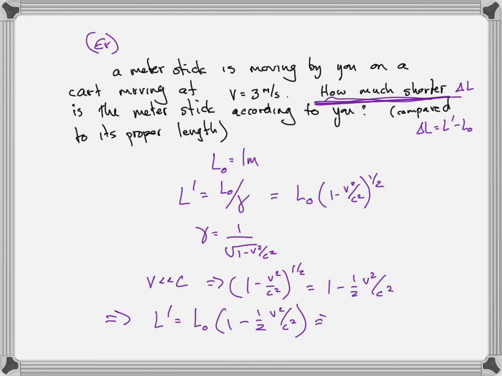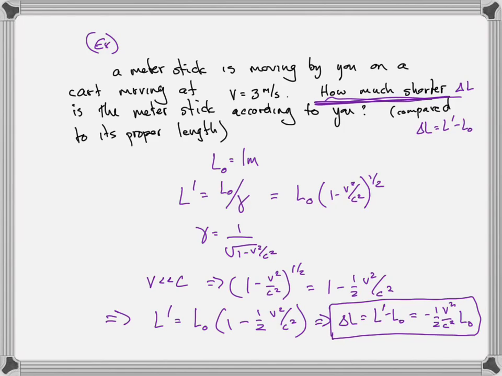So delta L can be written as L prime minus L0, which on the right-hand side just gives us minus 1/2 v squared over c squared times L0. So all I did was subtract L0 from both sides.